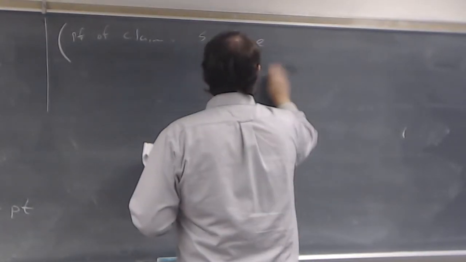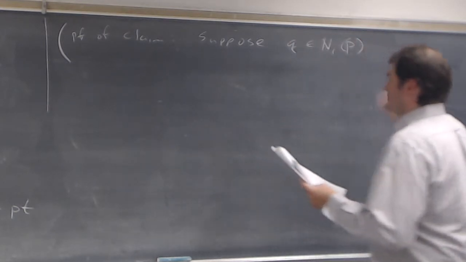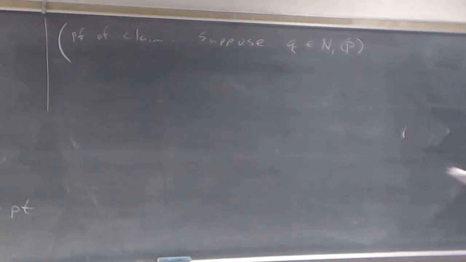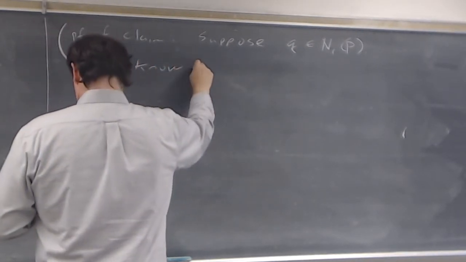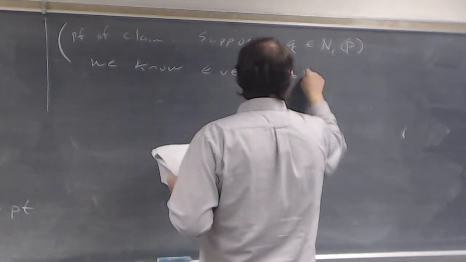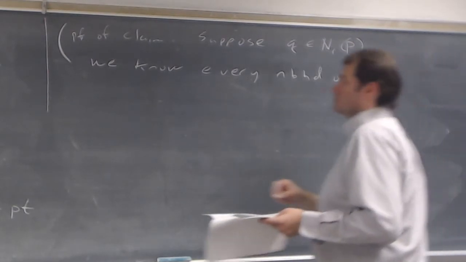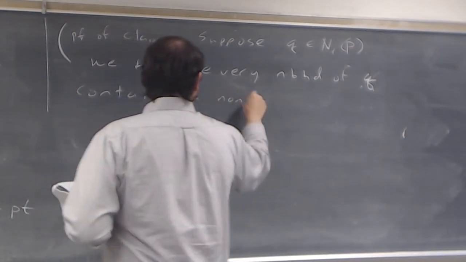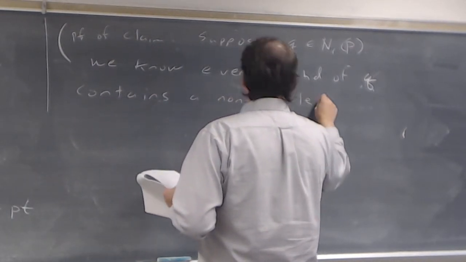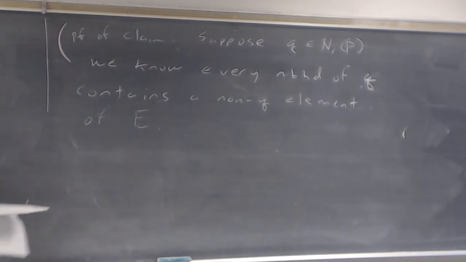Suppose Q was an element of this neighborhood of P. Now, we know every neighborhood of Q contains a non-Q element of E. We know that because that's what it means to be a limit point.